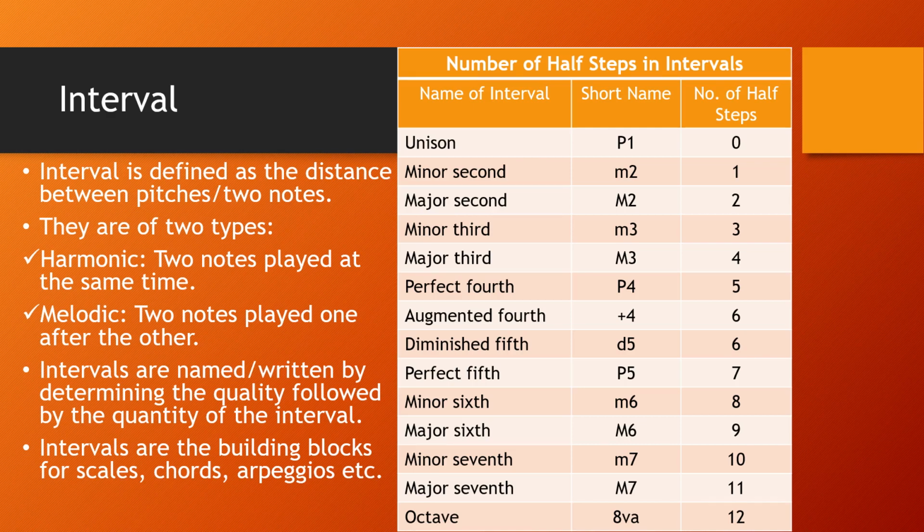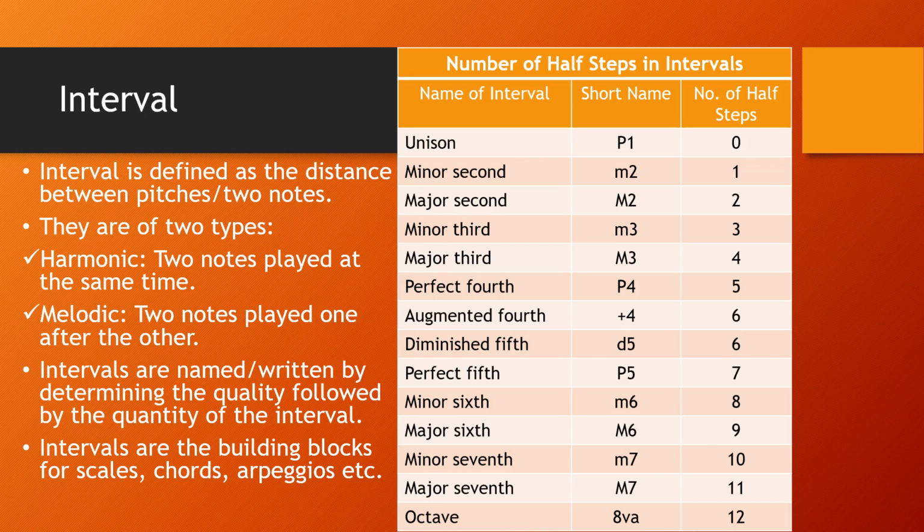While melodic, two notes played one after the other. Let's use C and E as an example also. So it's C, E. Intervals are named by determining the quality followed by the quantity of the interval. Intervals are the building blocks for scales, chords, arpeggios, etc.